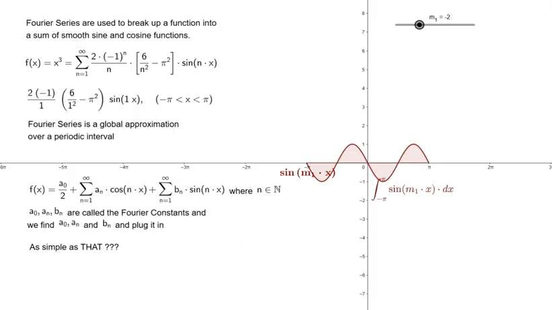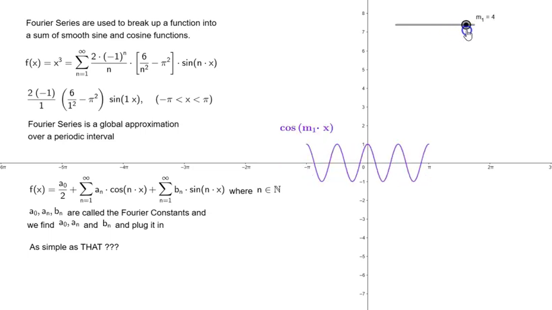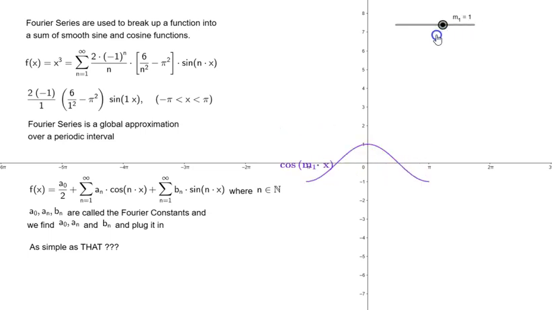Now let's look at the next one. That is cos. So again here, if we change the value of m1, the frequency increases or decreases. When it is 0, it will be a straight line because cos 0 is 1.